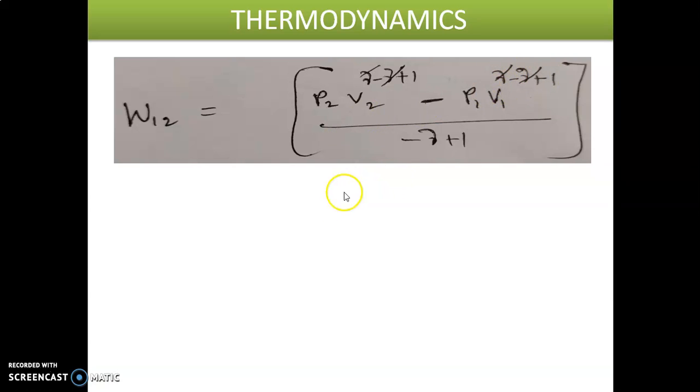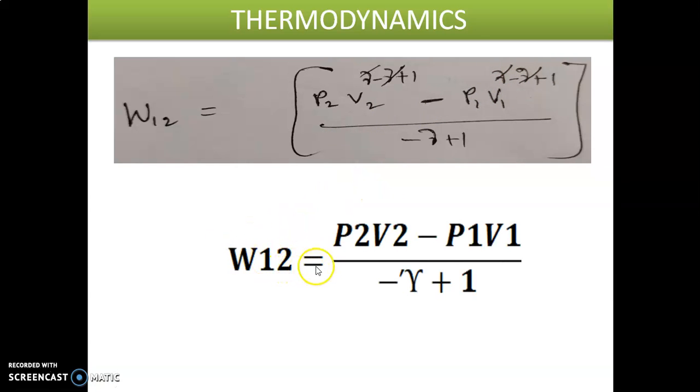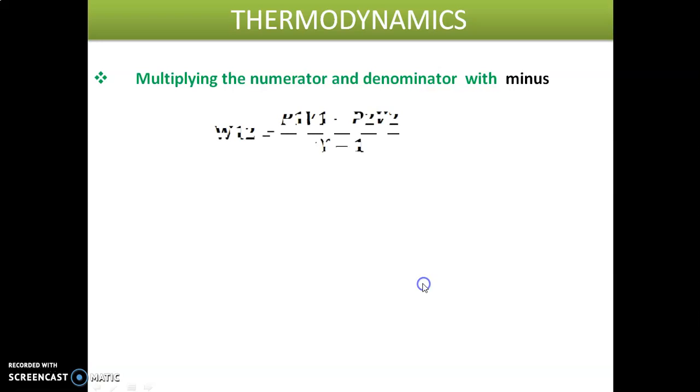So finally, we will have W1 to 2 process is equal to P2V2 minus P1V1 divided by minus gamma plus 1. If we multiply the numerator and denominator with minus, we get P1V1 minus P2V2 divided by gamma minus 1. I hope you understand.